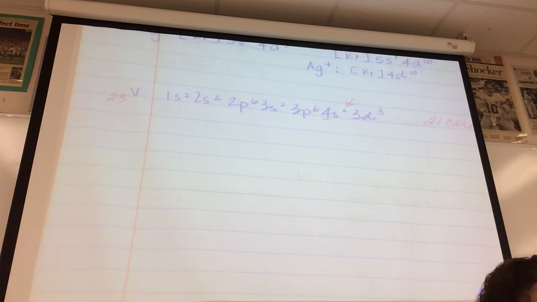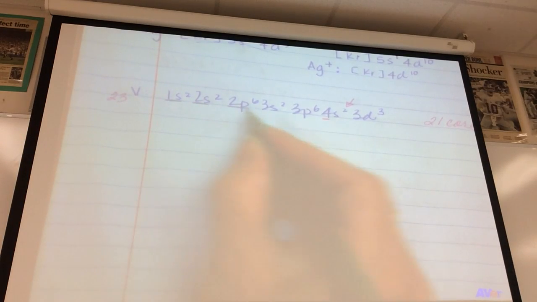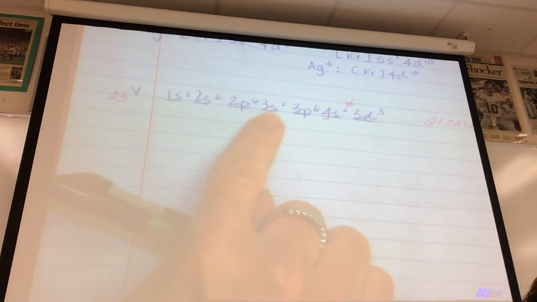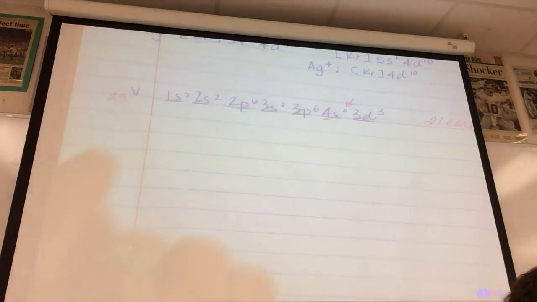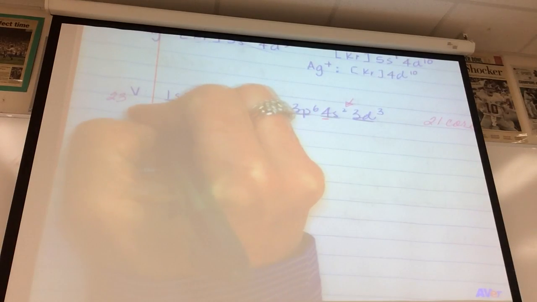The other point I want to drive home is each of these is a subshell. So there are 1, 2, 3, 4, 5, 6, 7 subshells. This subshell makes up the first shell.